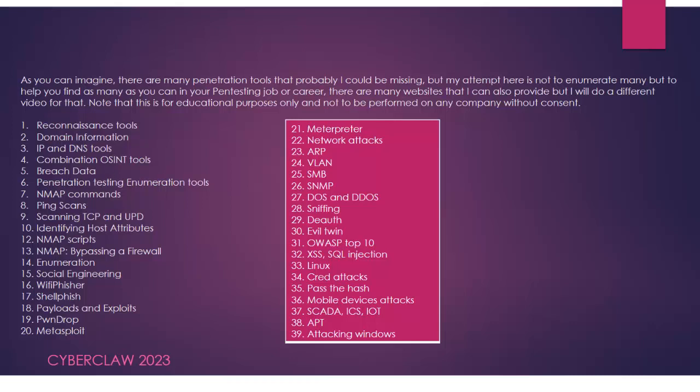Number 6, penetration enumeration tools, right? There's plenty of tools for testing enumeration. Now, this is something that you must be able to follow, learn, and be able to come up with those tools on your own, because when you do a penetration testing, you cannot divulge that information to anybody.